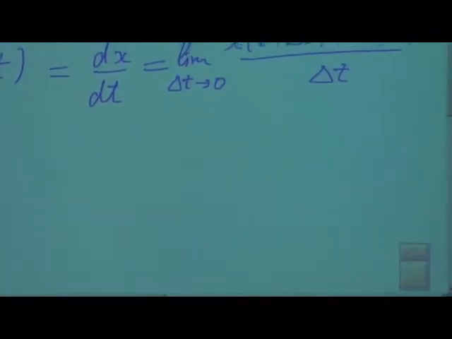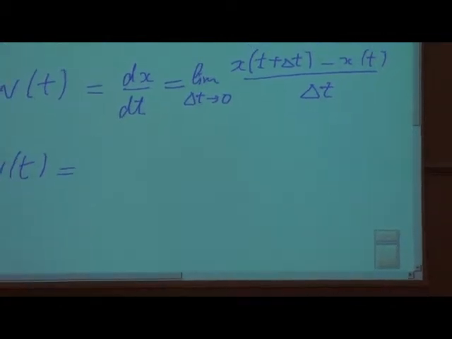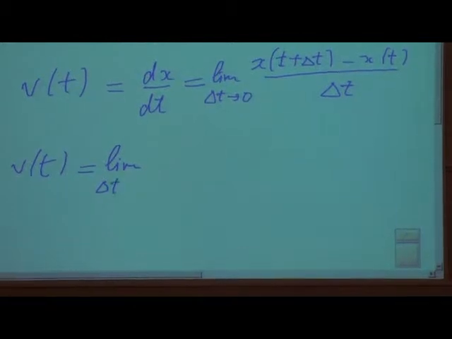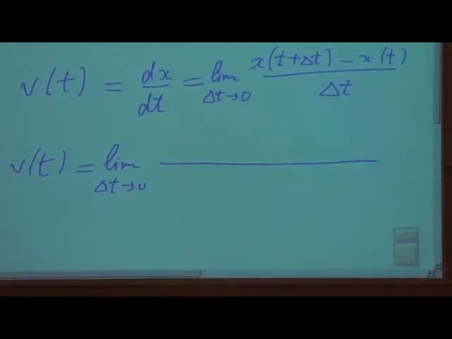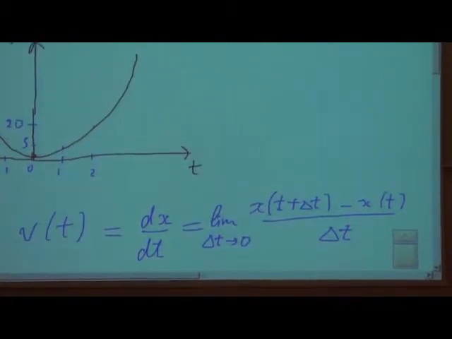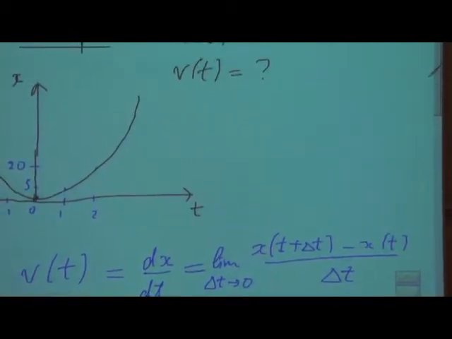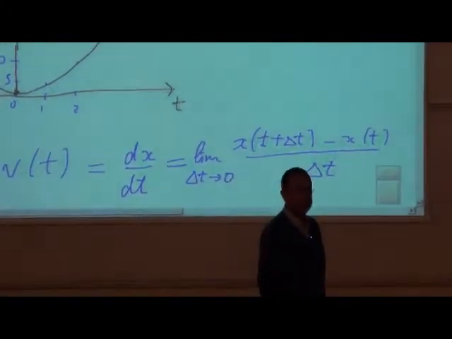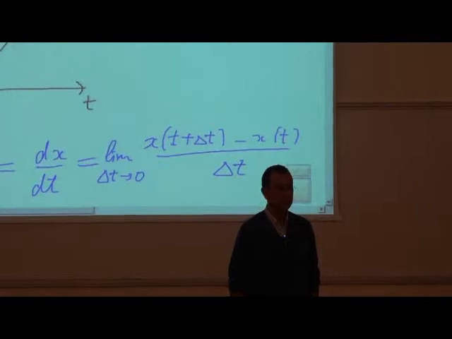So this equals... Now, what is x at time t plus delta t? You tell me this.